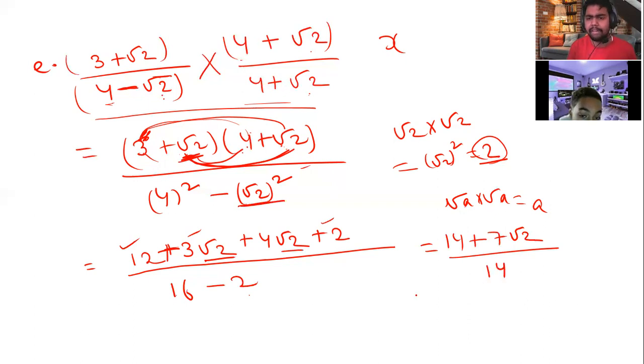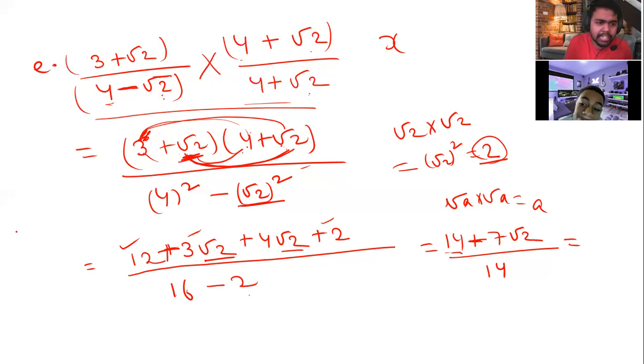14 and 14 cancel each other? No, see, this is the problem you have. Here we don't have multiplication, here is addition. I always say that we cancel like that in multiplication. Here, if you want to cancel, you have to take common. Can I take 7 common out of this?